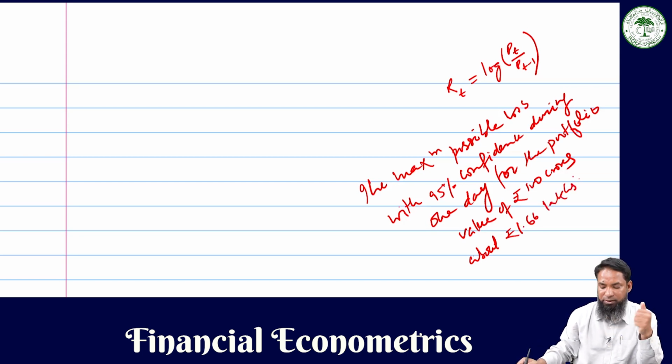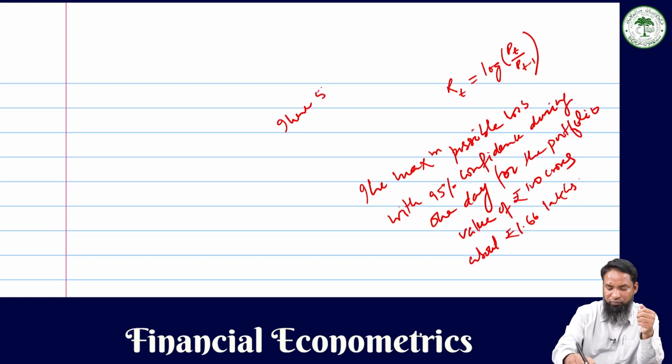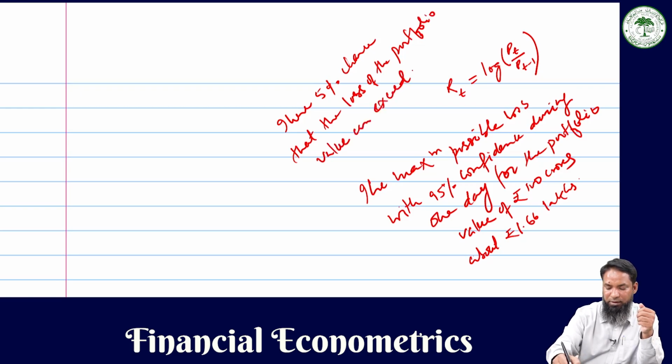Or the other way to interpret is that there is a 5% probability or chance that the loss of the portfolio value can exceed rupees 1.66 lakhs over 1 day, when the portfolio value is rupees 100 crores.